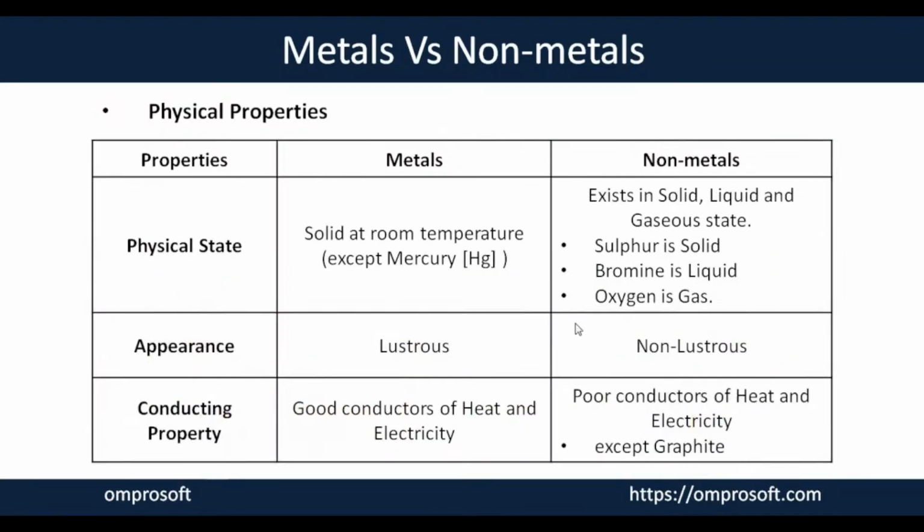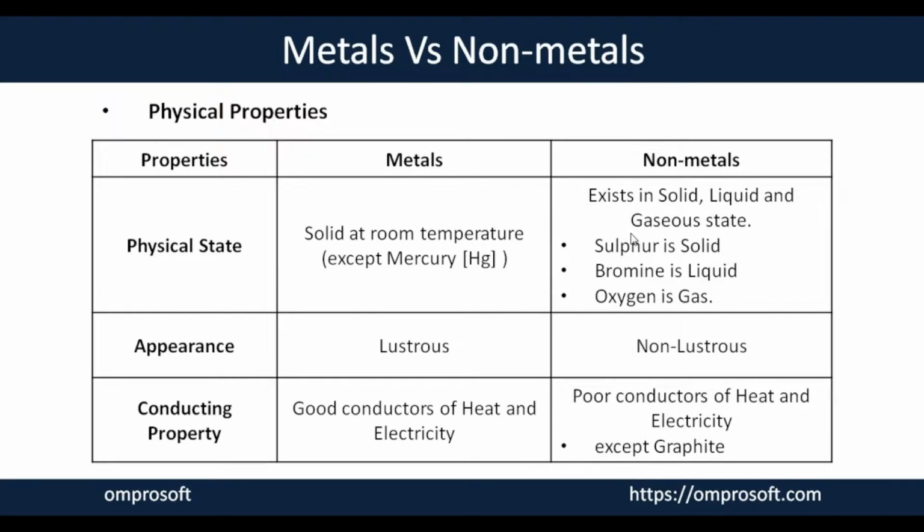Now other differences. On the basis of physical state, metals at room temperature are solid, except mercury, which is the only metal present in liquid state at room temperature. Non-metals can exist in solid, liquid, and gaseous states.